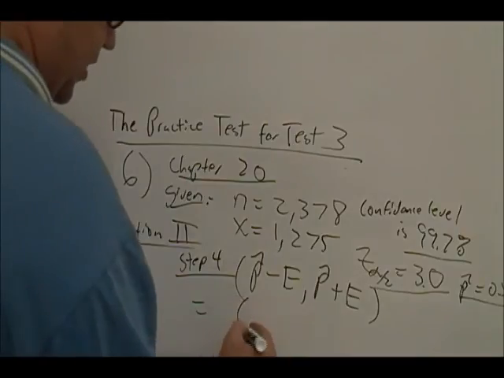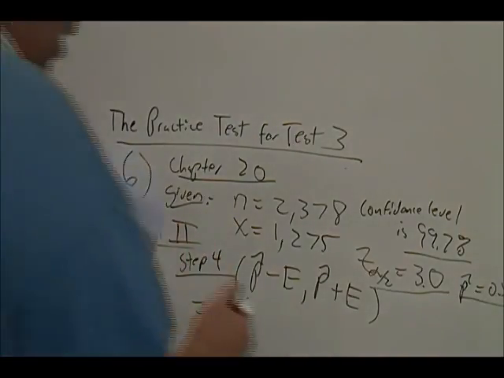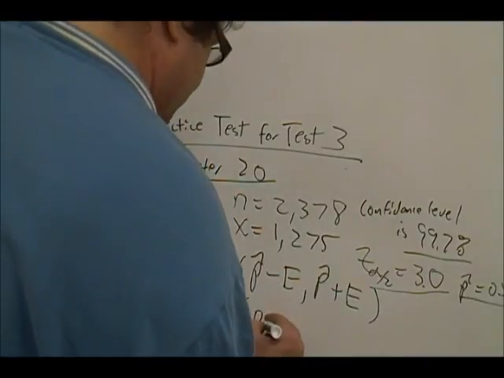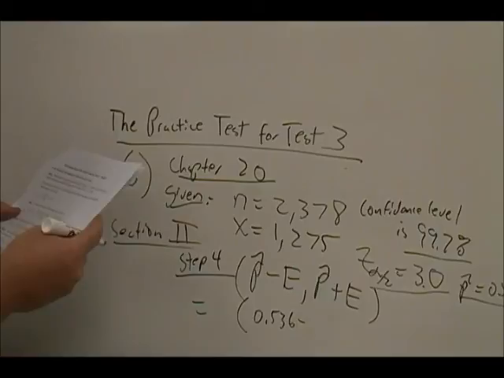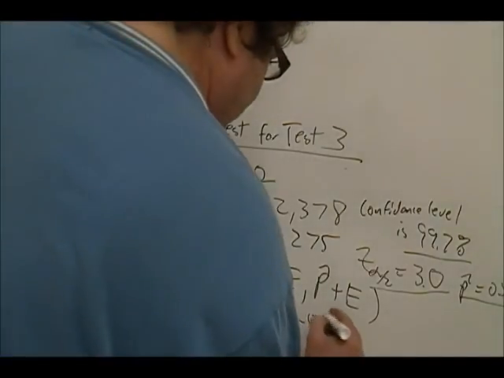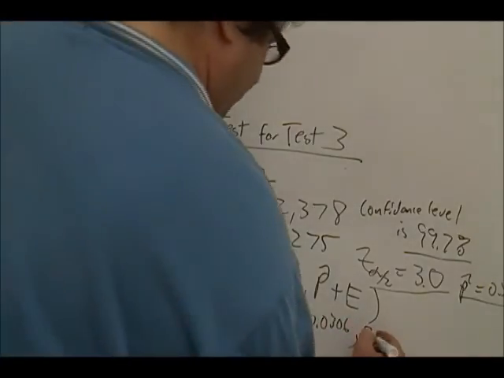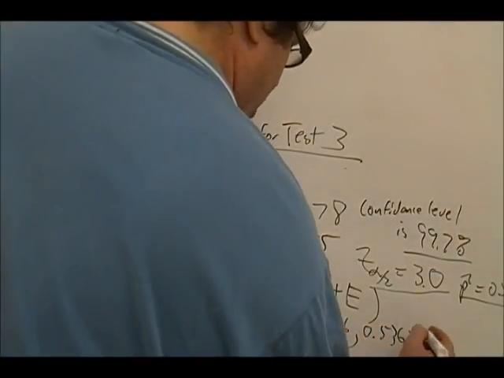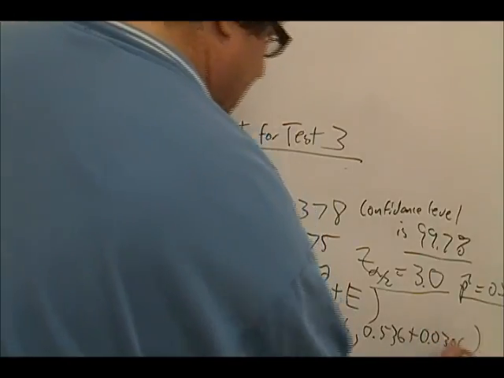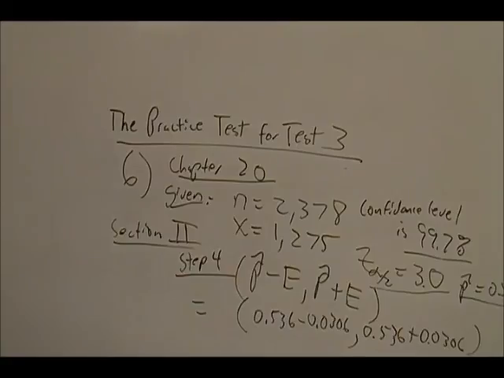The sample proportion was 0.536, so it's 0.536 minus the error, which we just computed to be 0.0306, to 0.536 plus the error, 0.0306.